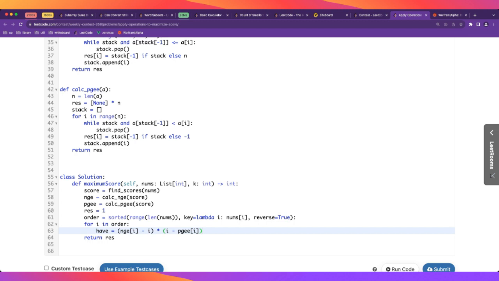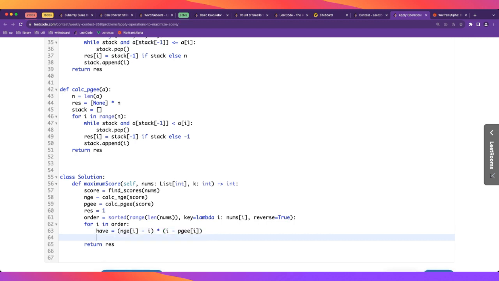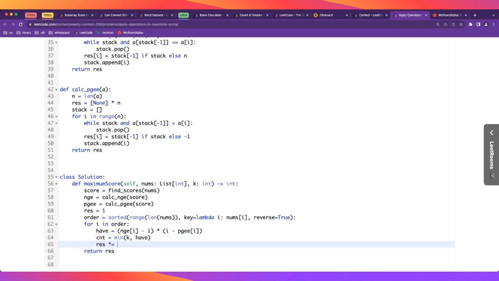But remember that we are bounded by k. So what we can use effectively, let's call it count, is going to be the minimum between what we have and limited by k. So now it's just about multiplying by nums I count times, and that is a power.